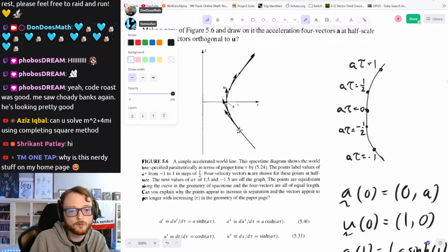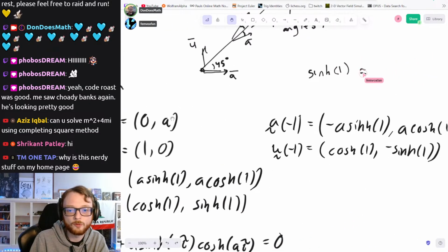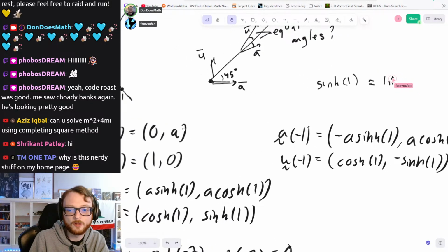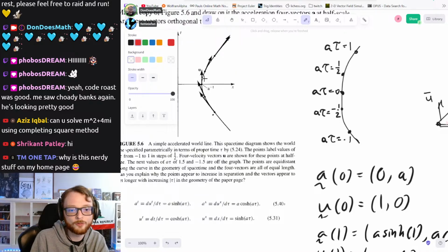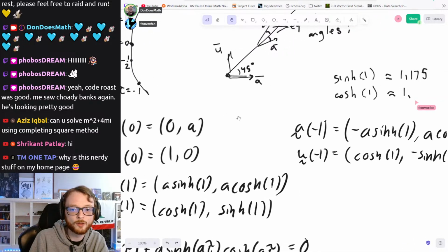So it's pointing in the positive time, negative x direction. That's good for the velocity. So the numbers agree with the pictures. And then acceleration is pointing negative time, positive x. So I think you're right. It's that same kind of reflection, or that same idea with the angle being the same, but you reflect it across that normal line.